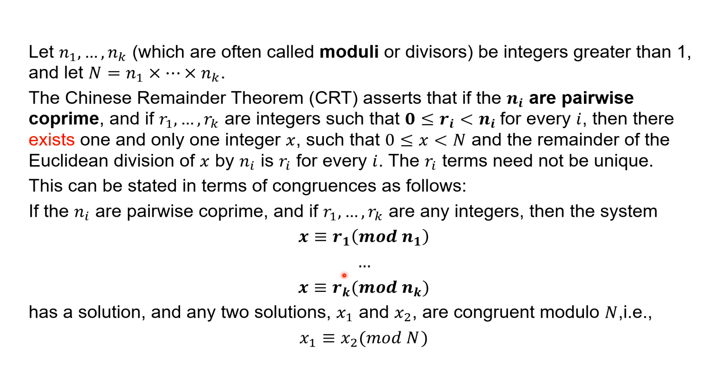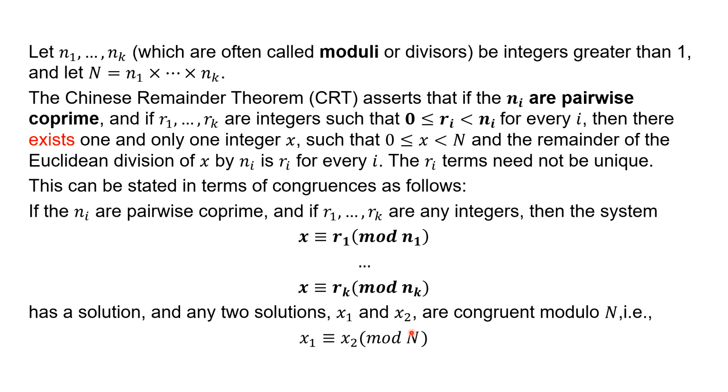And then in that case, this system of equations, modulo n sub 1, n sub 2, all the way up to n sub k, this system here has a unique solution, x, up to modulo capital N. So if there's more than one solution, then they're equal to each other, modulo N.